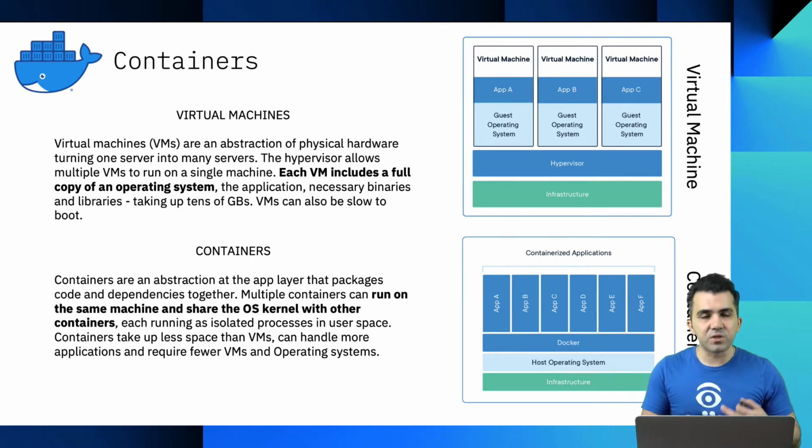Containers virtualize the operating system, so each individual container contains only the application, its libraries and dependencies, instead of virtualizing the hardware. So it basically virtualizes the operating system. Containers are a lighter weight, or a more agile way of handling virtualization.